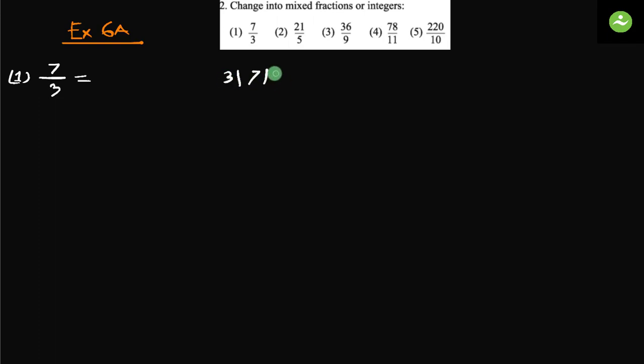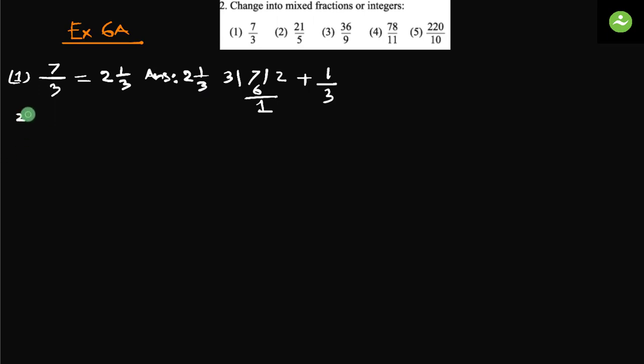Let us divide: 3 into 2 is 6, remainder 1. So this means 2 plus 1 by 3, equals 2 and 1 by 3. The answer is 2 and 1 by 3.